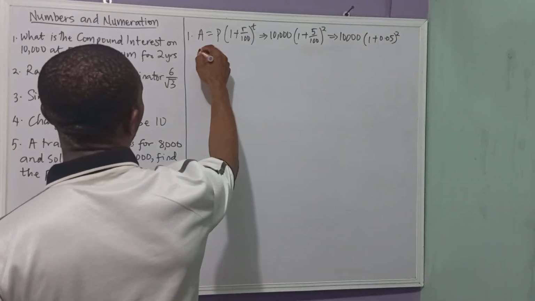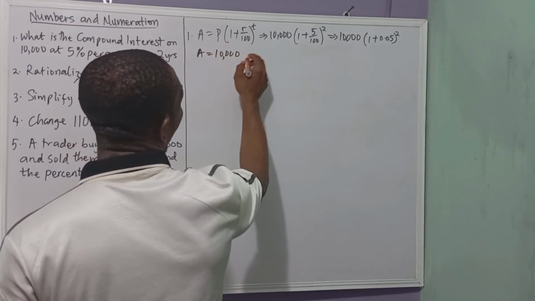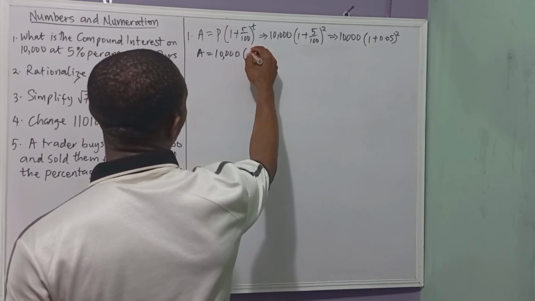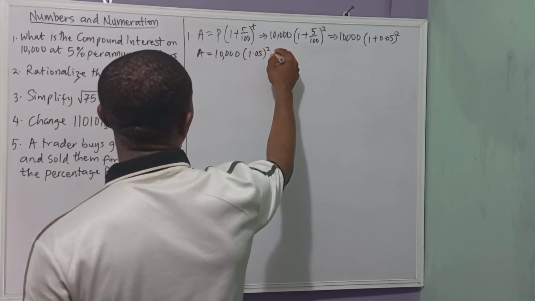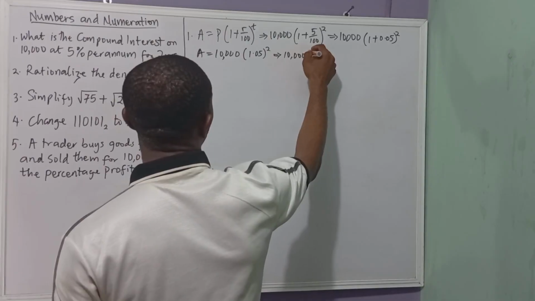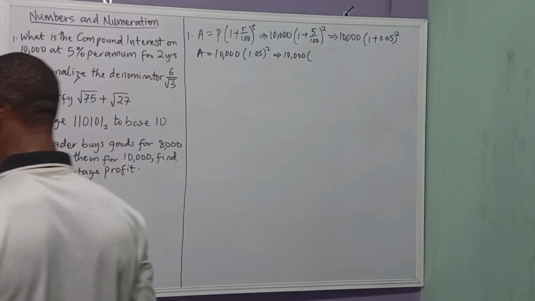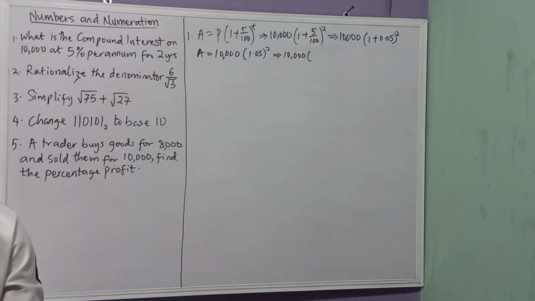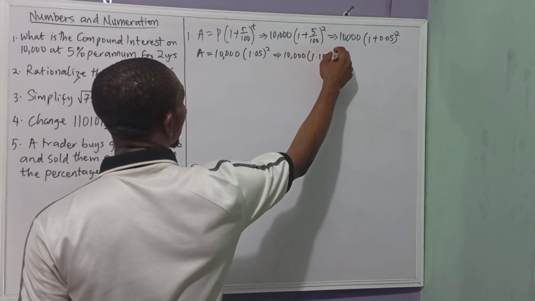Alright, so our amount would be 10,000 times 1.05 squared. Now 1.05 squared gives us 1.1025.